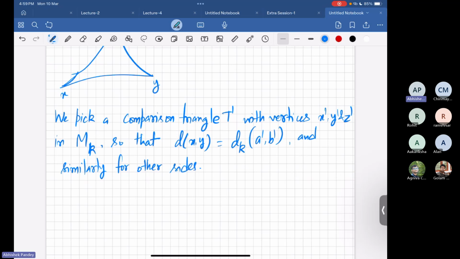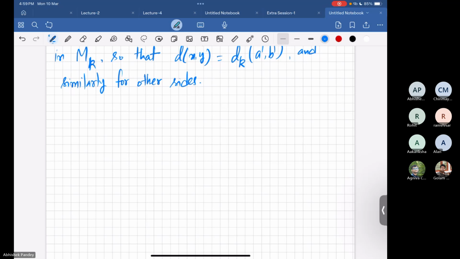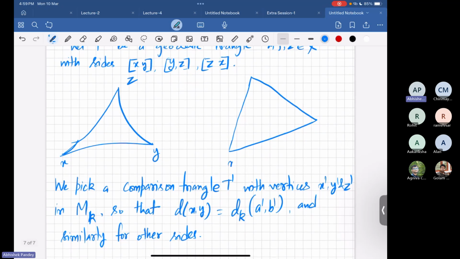As I said, such a triangle always exists when K is less than or equal to 0. That comes from Alexandrov's lemma. So here is our comparison triangle in the model space, x', y', and z'.